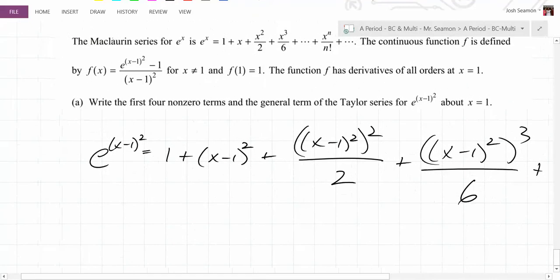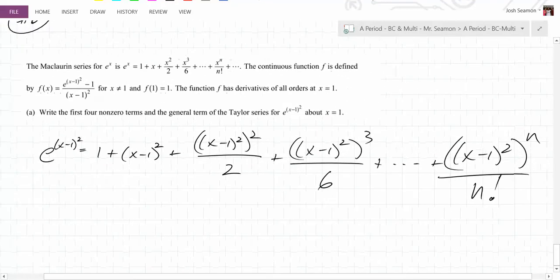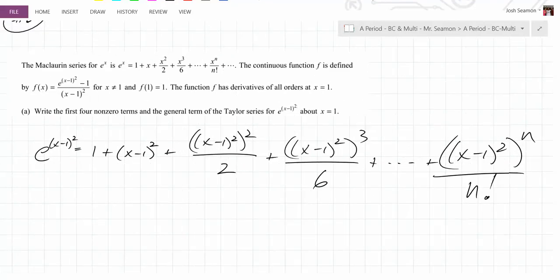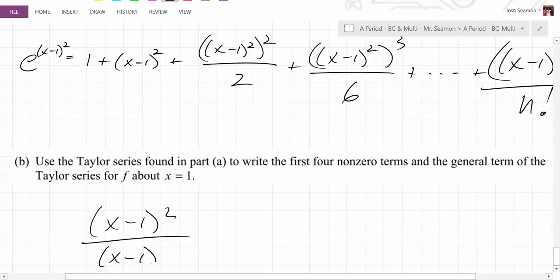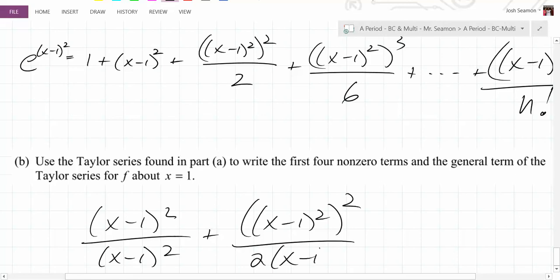Do I have to keep going? No, this is what it asks you for. So what do you end up getting? The 1 goes away, right? So you end up with x minus 1 squared over x minus 1 squared, and then x minus 1 squared over 2 times x minus 1 squared.